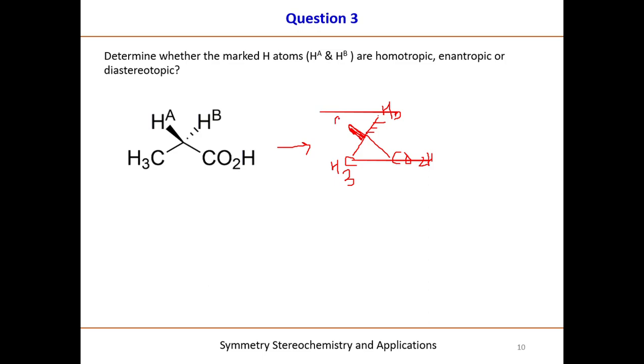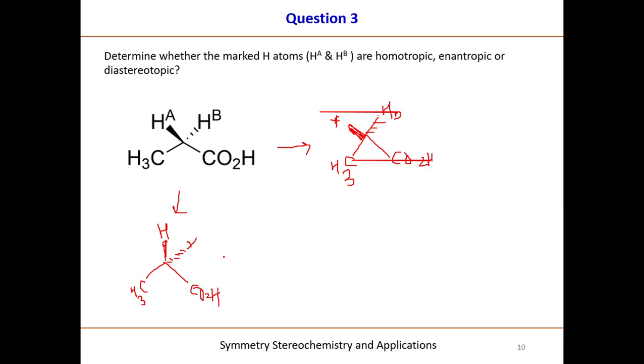Suppose I write X, any halogen atom. Then let's change the other hydrogen atom by the halogen group, X, and here it is H. Correct?